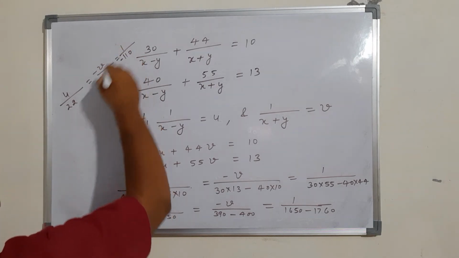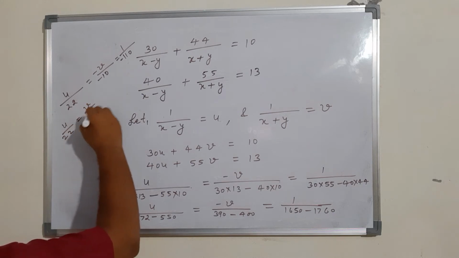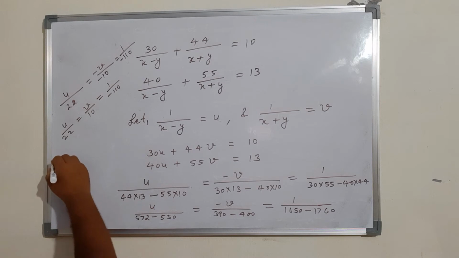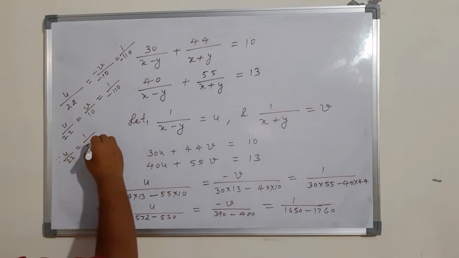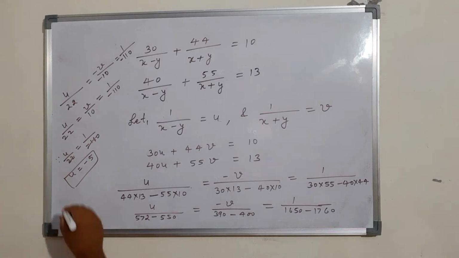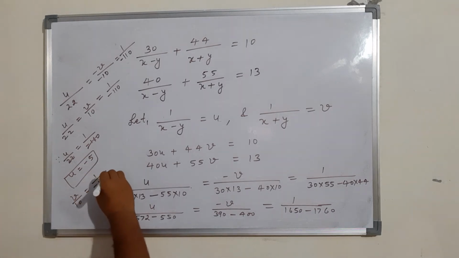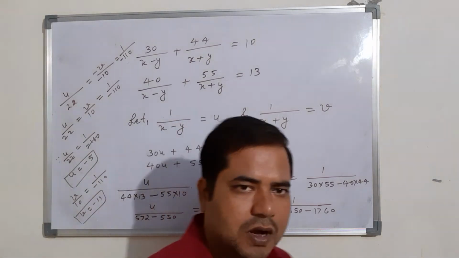So u upon 22, v upon 10 and 1 upon minus 110. So since u upon 22 is equal to 1 upon minus 110, u is equal to minus 5, and v upon 10 is equal to 1 upon minus 110, so v is equal to minus of 11. So this is the value of u and v.